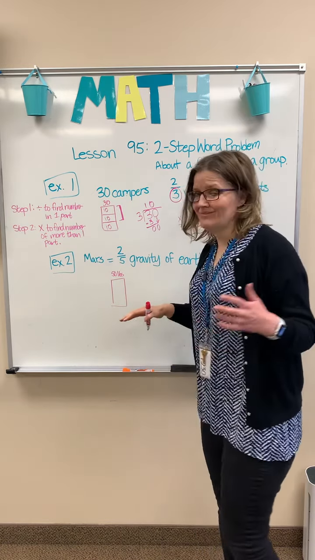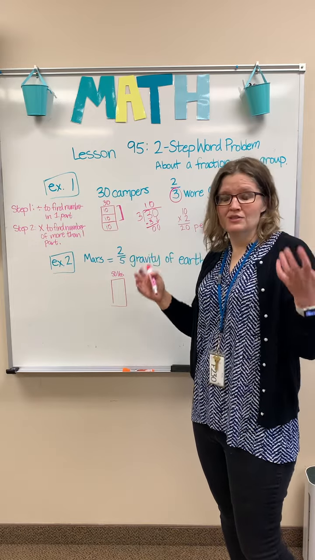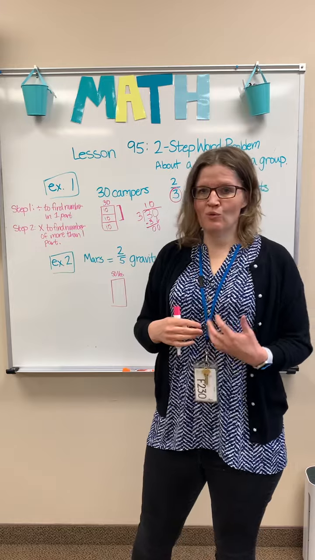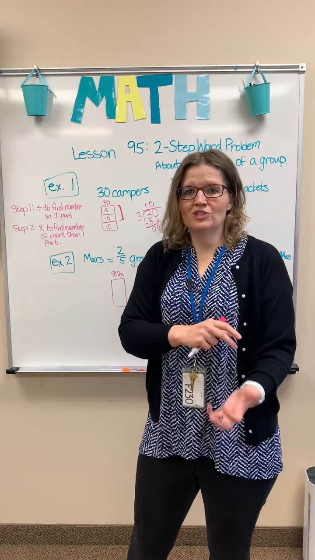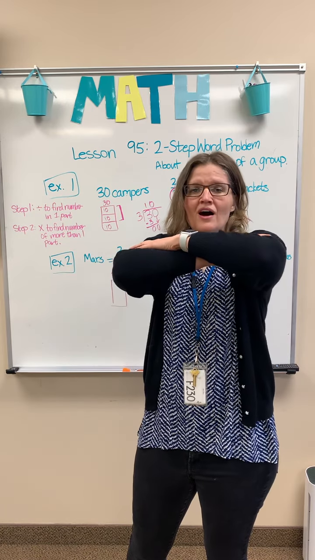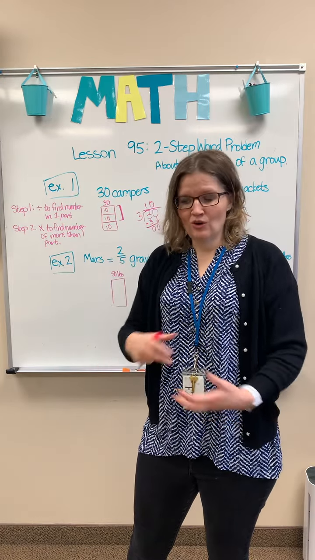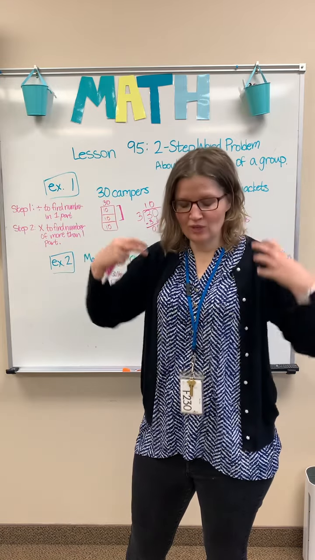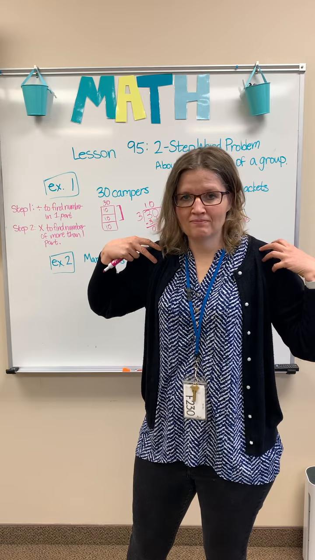Now, the next one is really kind of cool because it involves some aspects of science. As you know, when we're talking about weight, we're not talking about our actual mass. What we're talking about is the force of mass, the pull of gravity on our mass. So Mrs. Daw weighs her weight because of gravity pulling down on my mass.